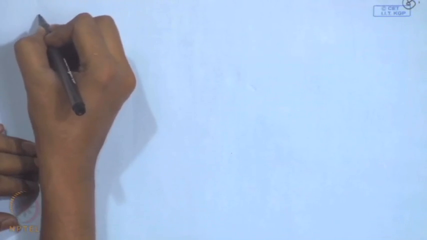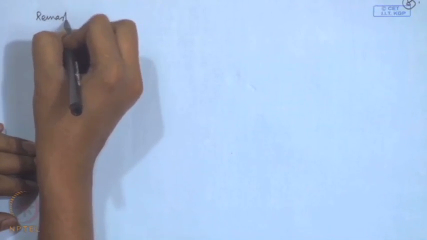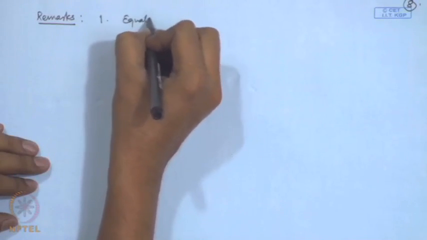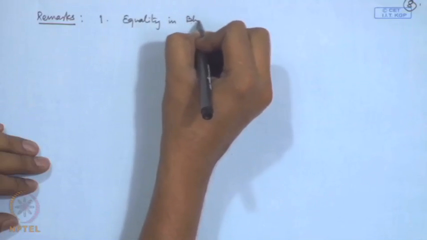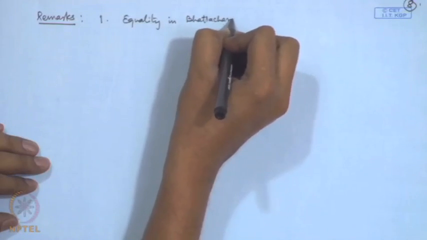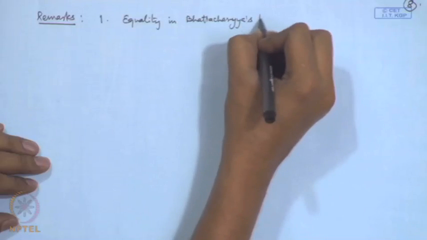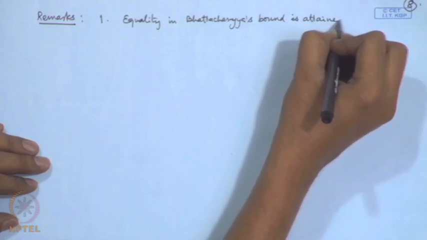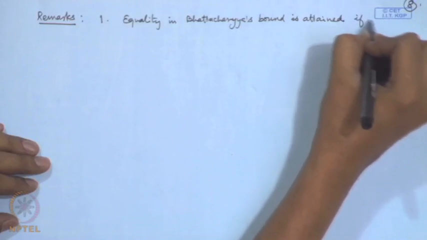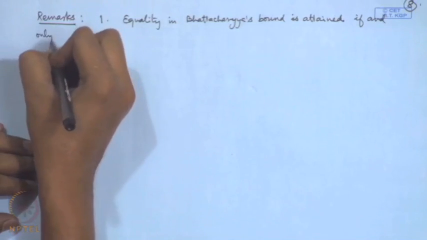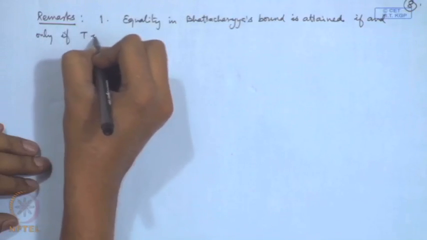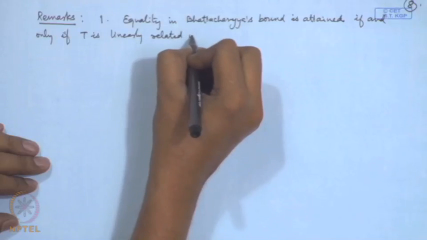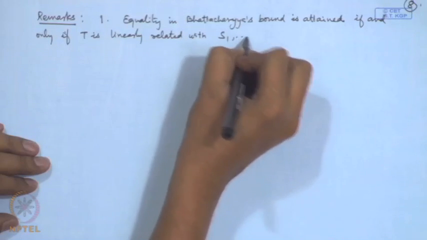So, let me give a few comments here about Bhattacharya's bound. Equality in Bhattacharya's bound is attained if and only if T is linearly related with S1, S2, up to Sk.